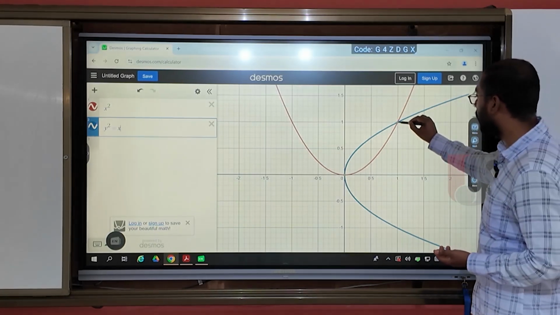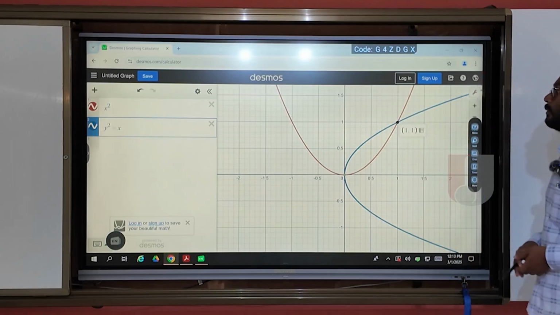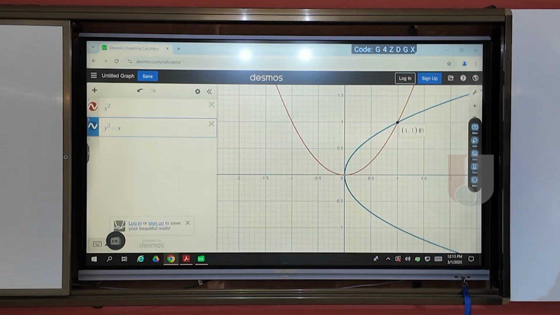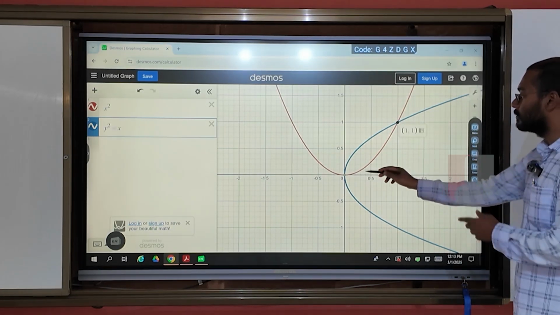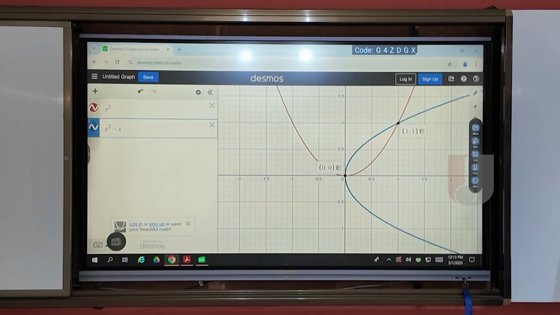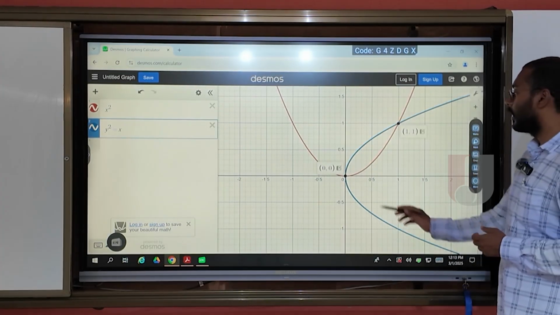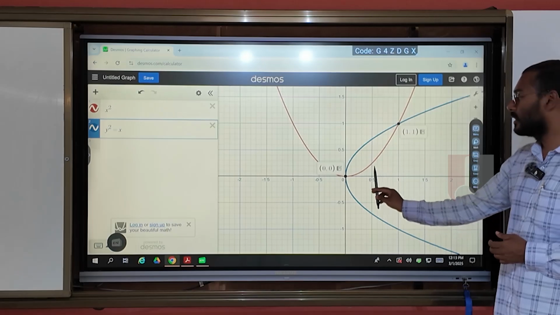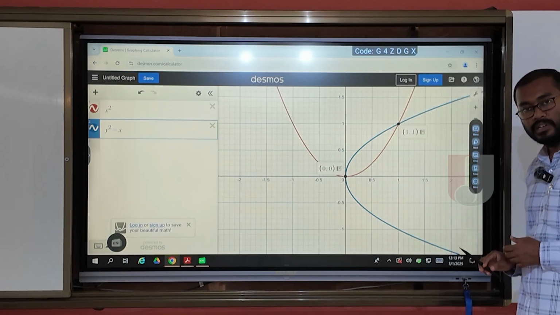Now, from the graph you can see that is 1 comma 1. So, at the point 1 comma 1, both the curves intersect. Same thing at 0 comma 0, these two curves intersect. Okay. So, from here we can understand that from 0 to 1 we have to integrate.